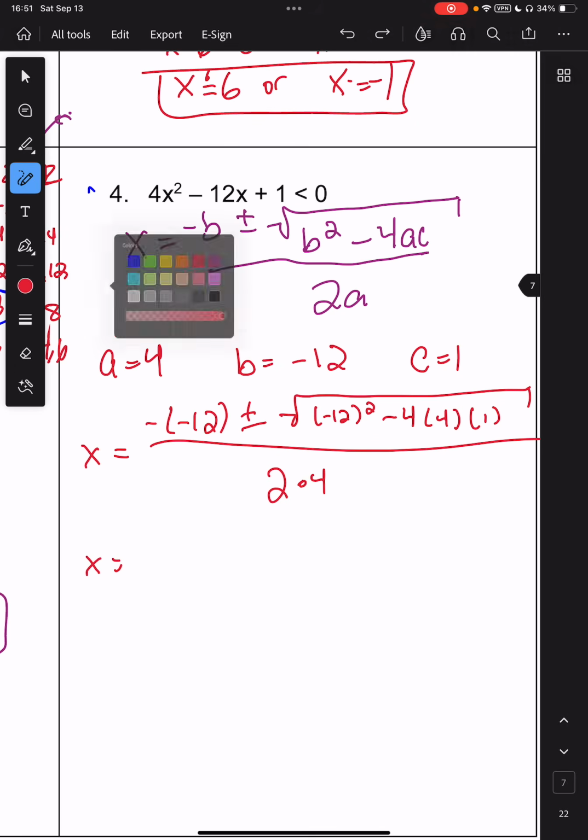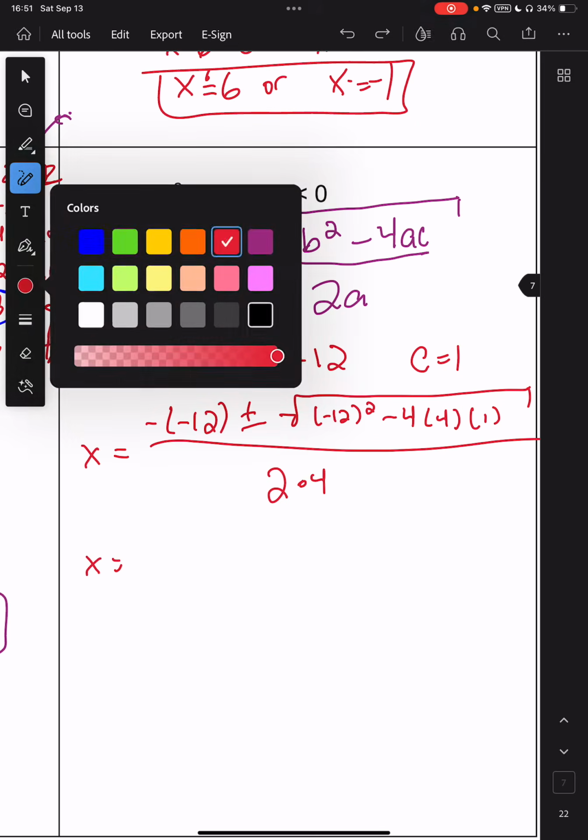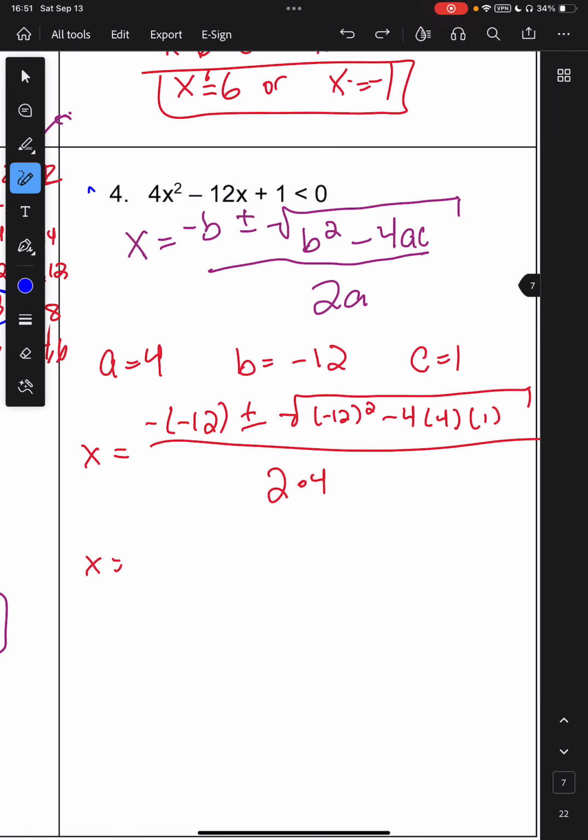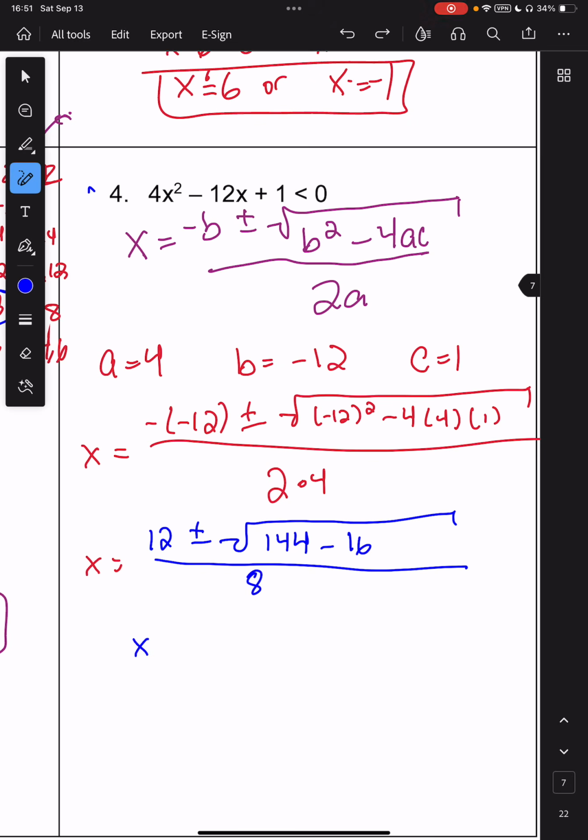X is equal to, well, negative times a negative 12 becomes positive 12, plus or minus the square root of 12 squared, which is 144, minus 4 times 4, which is 16, times 1, which is 16, all over 2 times 4, which is 8. This simplifies to 12 plus or minus the square root of 144 minus 16 becomes 128 over 8.